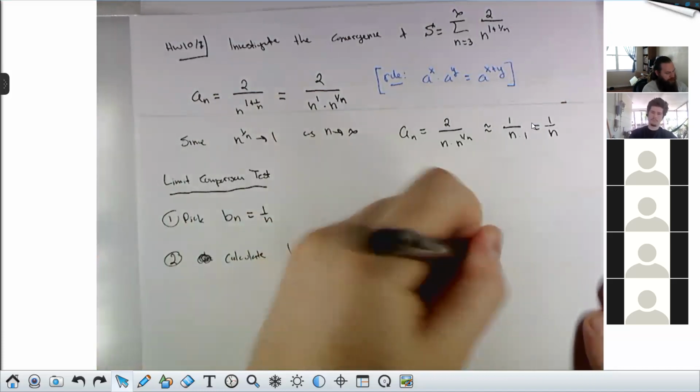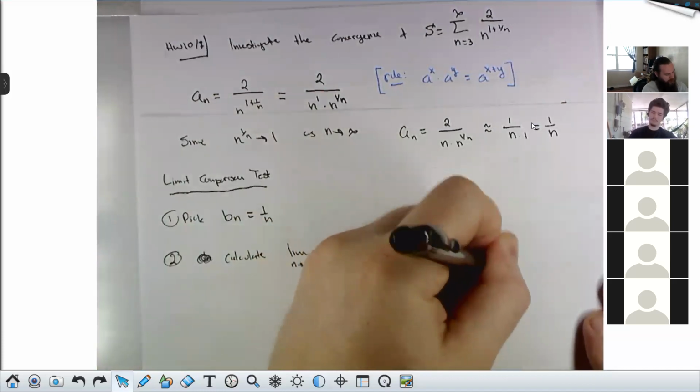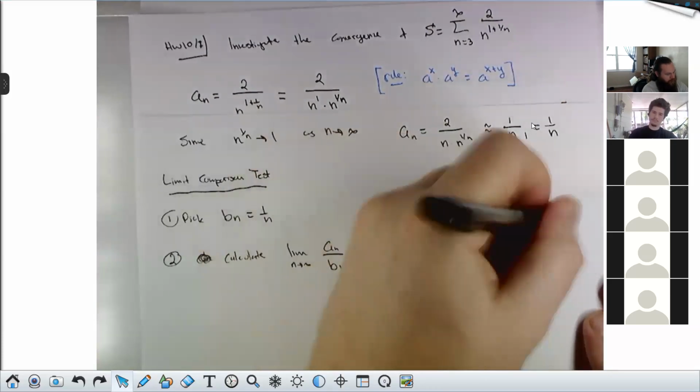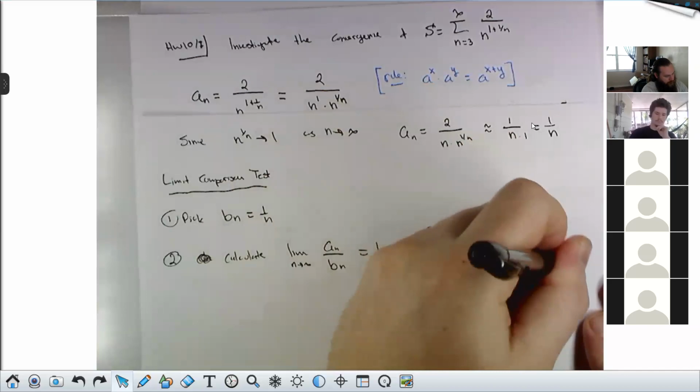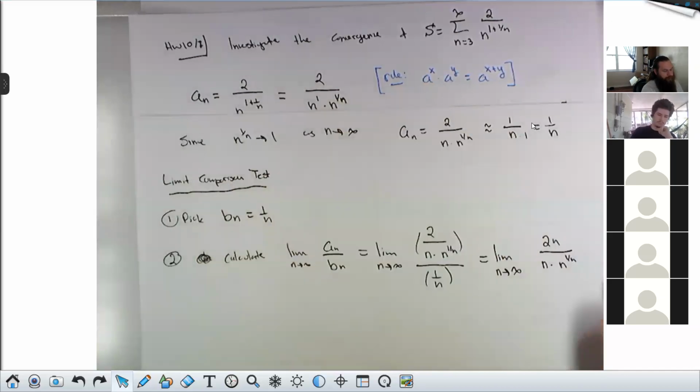And that is equal to the limit as n goes to infinity of 2n over n times n to the 1 over n. I'm bringing this 1 over n upstairs as its reciprocal and multiplying with this.